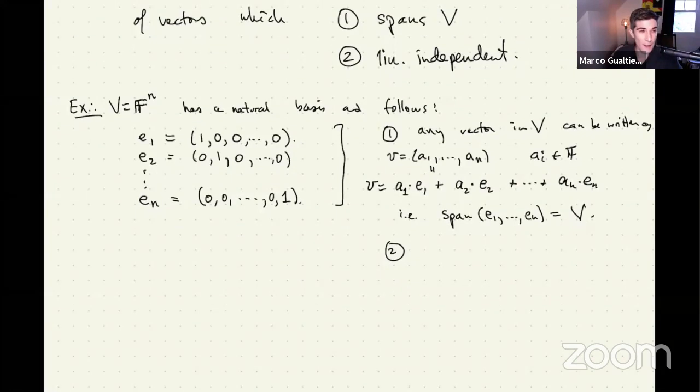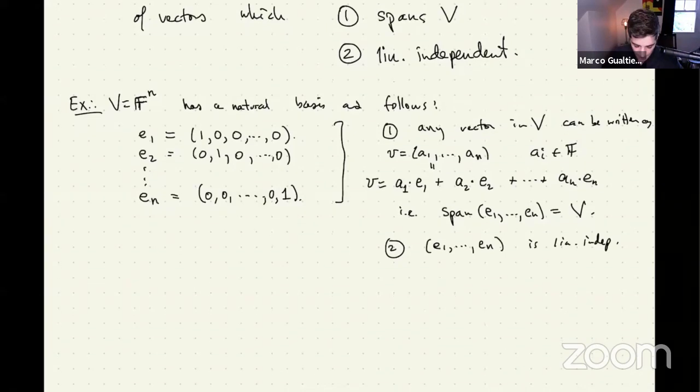Okay, and to show that this list of vectors e1 up to en is linearly independent, what you need to do is show that there are no non-trivial linear combinations equaling 0.